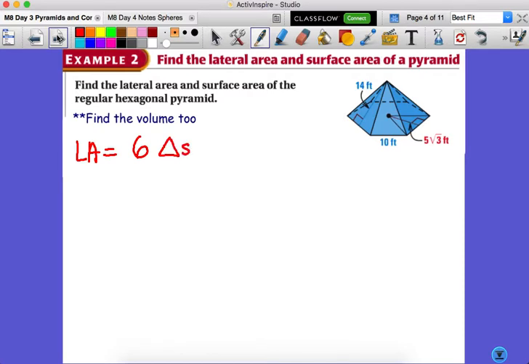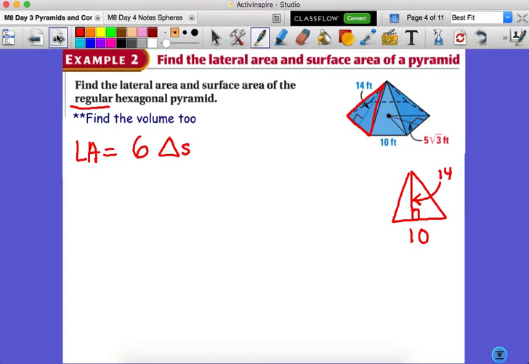Now the good thing about this, because this is a regular hexagon, that means that all 6 of those triangles are the same size. So if I look at one of them, if I try to look at this guy here, that is a triangle with a base of 10, because it's a regular figure, so all of the bases here are 10, and a height of 14.